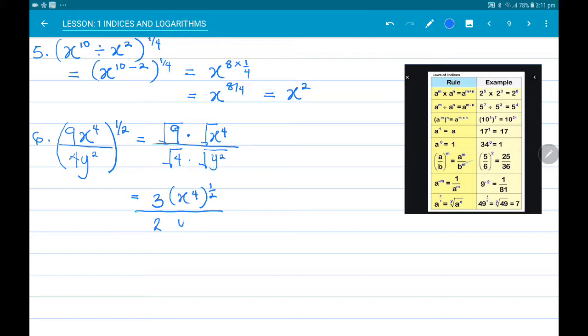From this, we move on to this will become 3. The root of 9 is 3, bracket x raised to the power of 4, and the root becomes half.